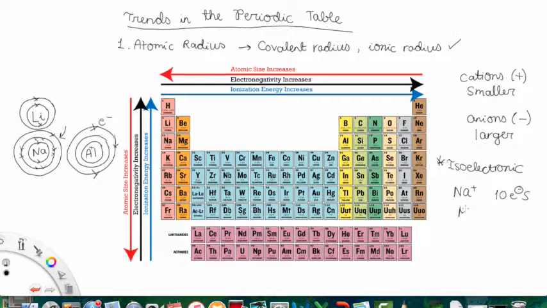Another example is Mg2+. Magnesium usually has 12 electrons, but it lost 2 electrons, so it has 10 electrons. And finally, F minus. Fluorine usually has 9 electrons, but it gained an electron because of this negative charge, and it has 10 electrons. So we can say that these 3 ions are isoelectronic.